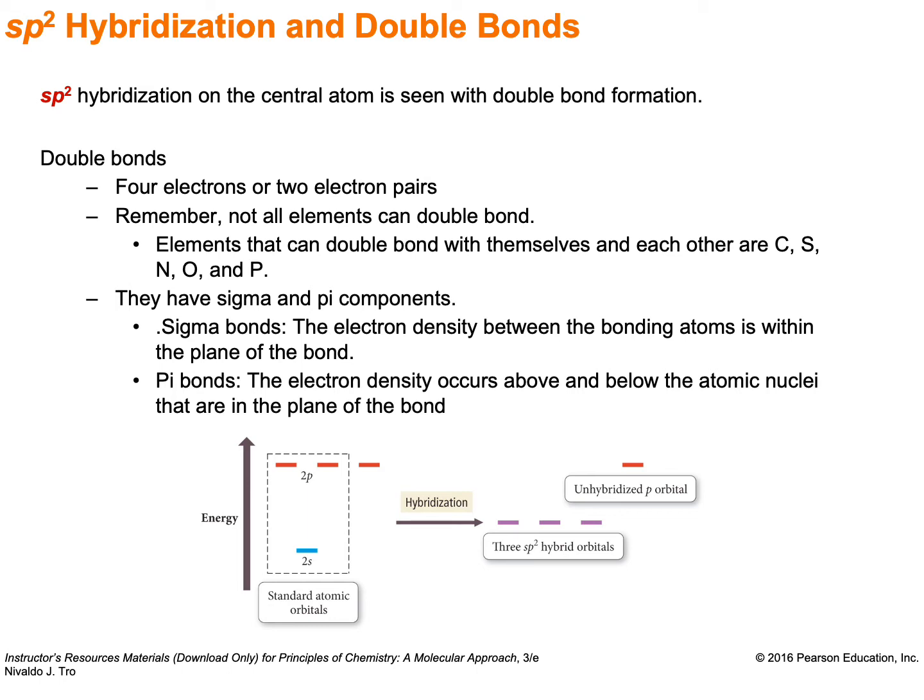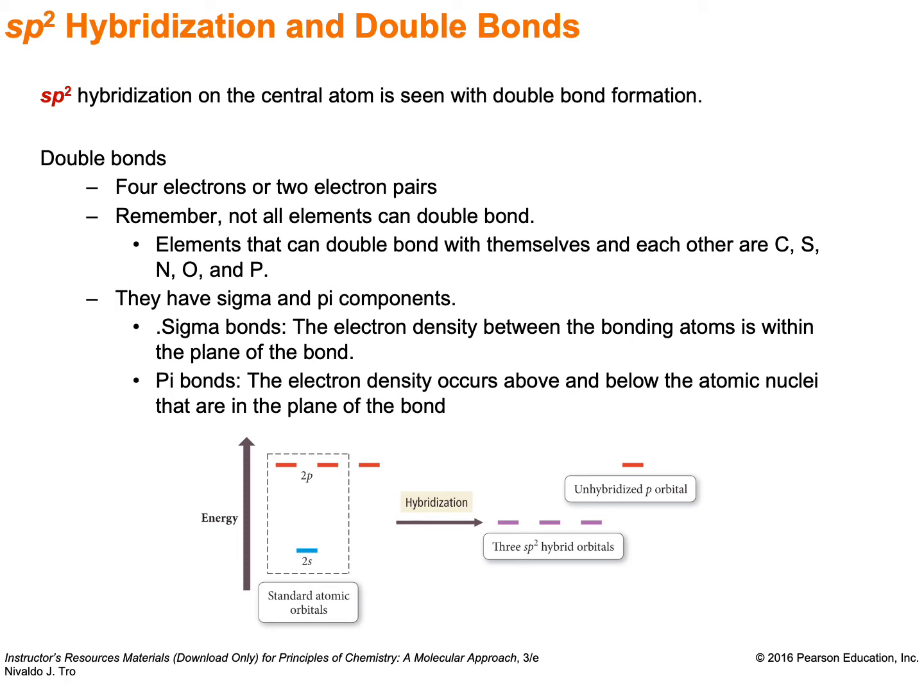Double bonds come from 4 electrons or 2 pairs. Only a few elements can really double bond: carbon, sulfur, nitrogen, oxygen, and phosphorus. And we say they have sigma and pi components. Now the sigma bonds represent the single bonds that take place between the atoms in the plane of the bond.